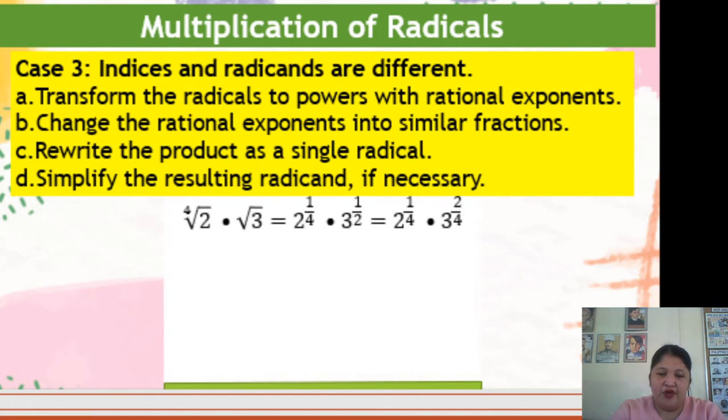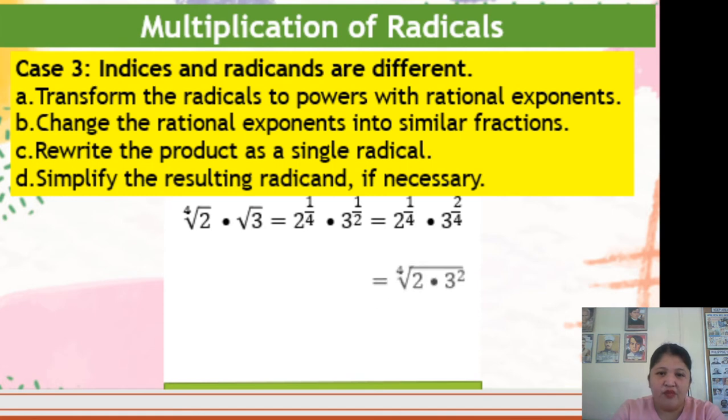So, for example, the fourth root of 2 times square root of 3. So, first, we transform these radicals to rational exponents. We change this to the exponential form. So, we have now 2 raised to 1/4 times 3 raised to 1/2, which is equal to 2 raised to 1/4 times 3 raised to 2/4.